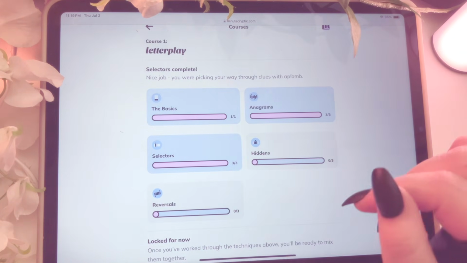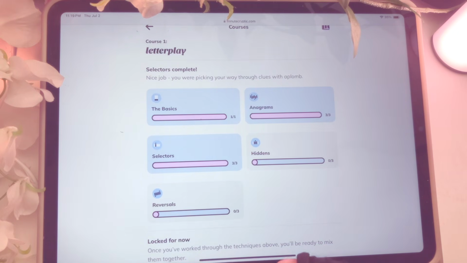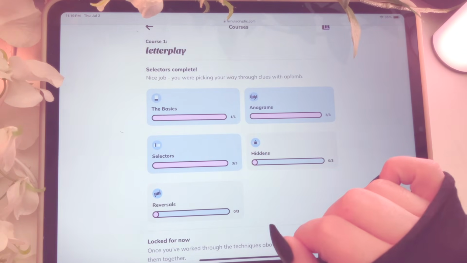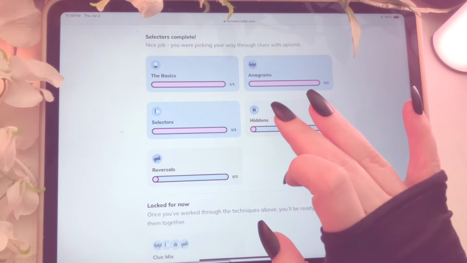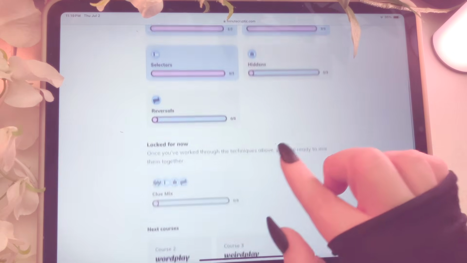And selectors is when they're pointing to specific letters within a word in the clue. So we went over those in the first video. And now let's go over hiddens and reversals.